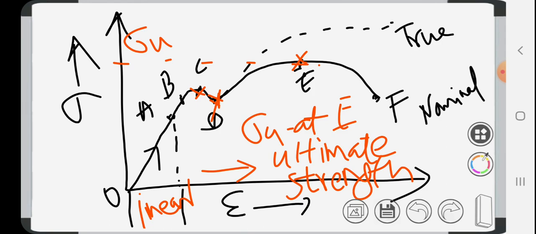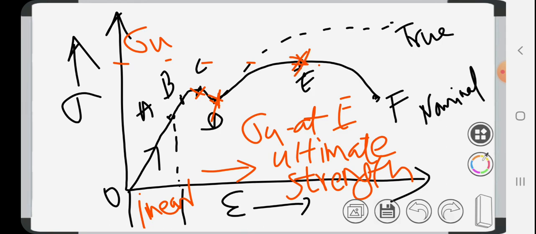Without failure means no cracks or breaking of the specimen are happening. That is the idea called failure. So the maximum load with which the specimen can withstand without failure is called the load at the ultimate strength point.